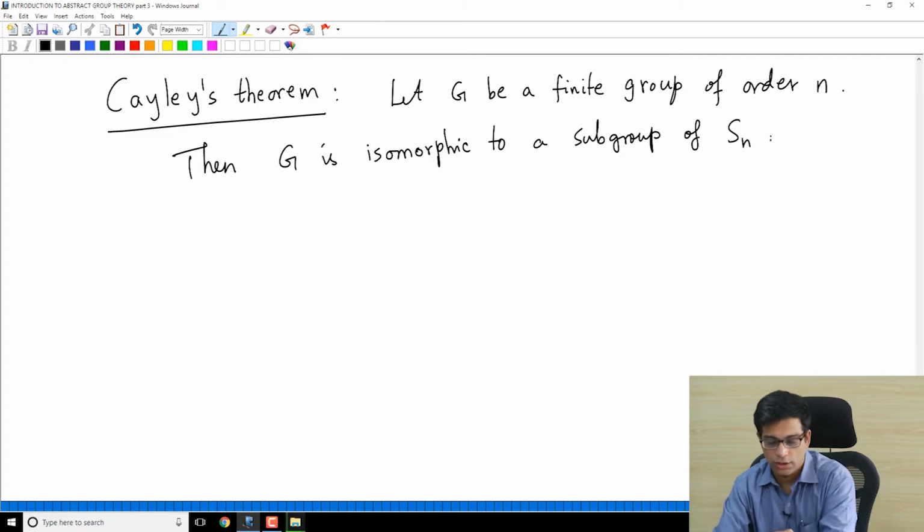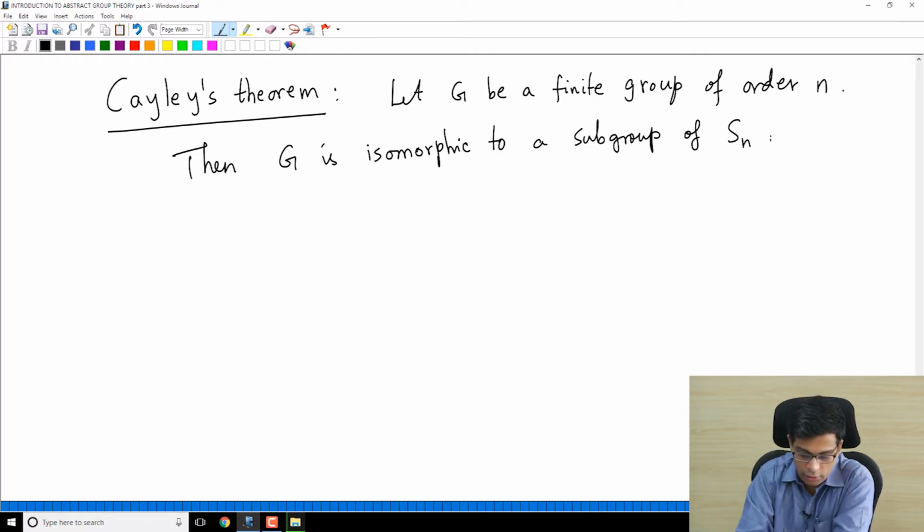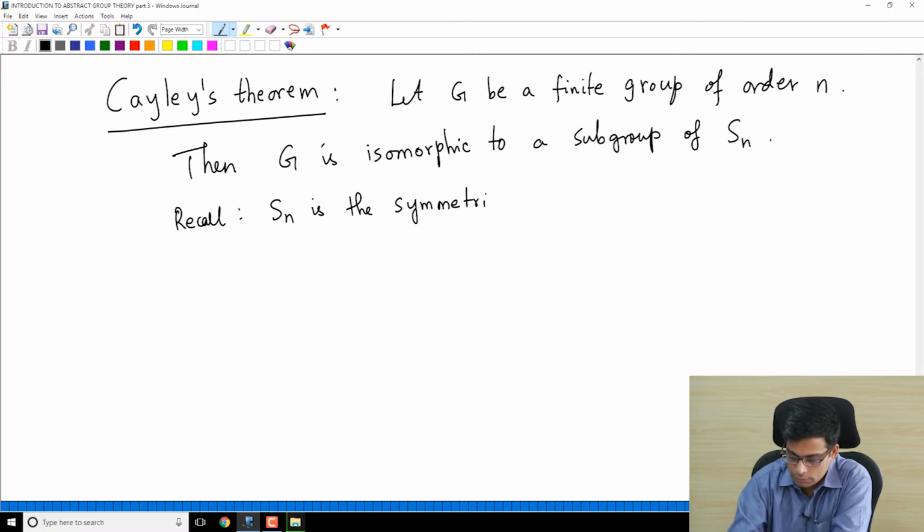Okay, so this is the theorem. If G is a finite group of order n, G is isomorphic to a subgroup of Sn. Recall that Sn is the symmetric group on n letters.